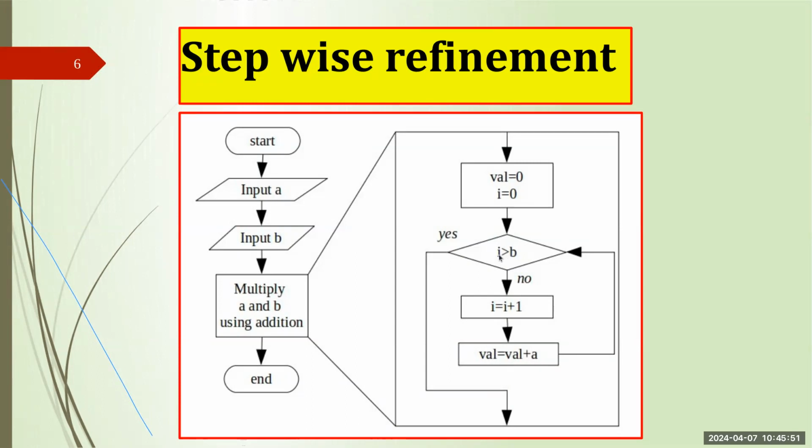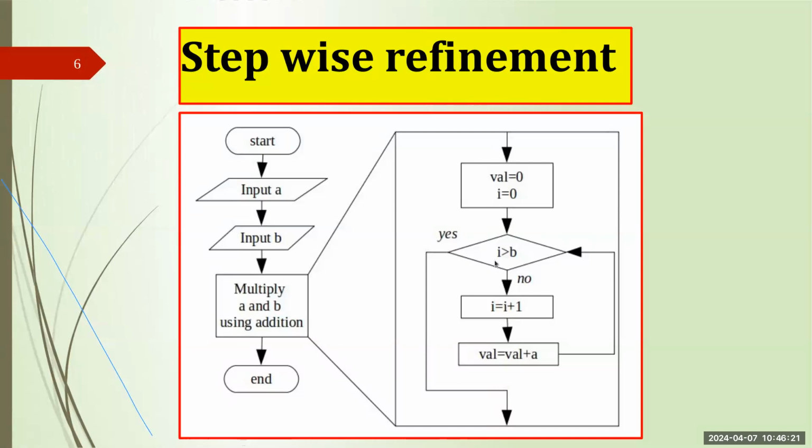This condition is not correct. So I is equal to I plus 1, which means now I is 3. And then this becomes 4 plus 2, which is 6. Then go back. Now I is equal to 3.